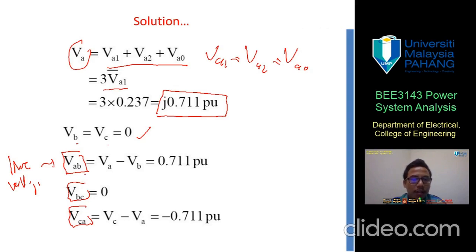So VAB equals VA minus VB, which is j0.711 per unit. Then VBC, of course, because both are 0, you get 0. Then VCA, because VC is 0, you get negative j0.711 per unit.